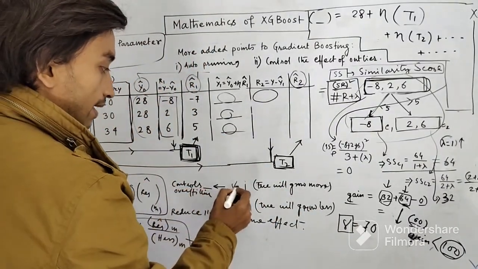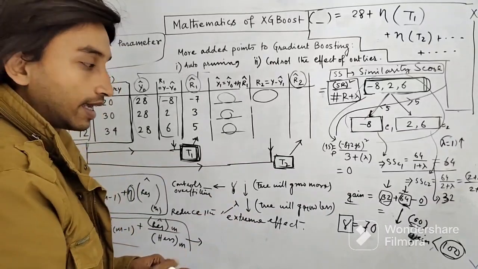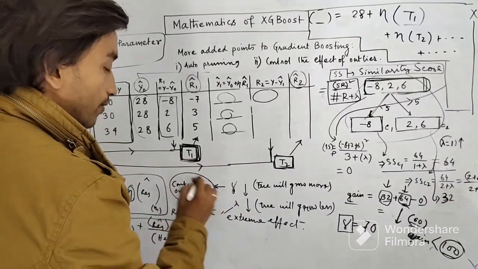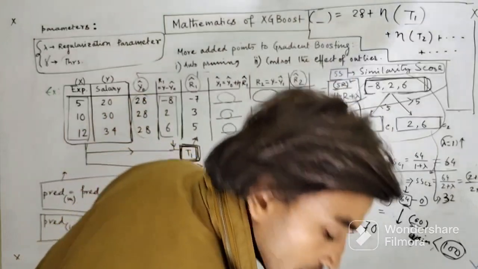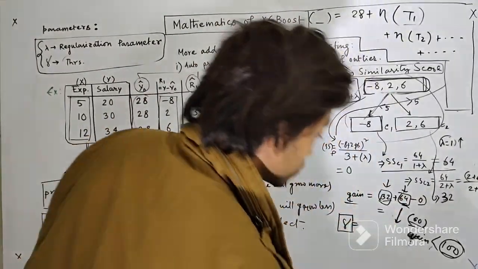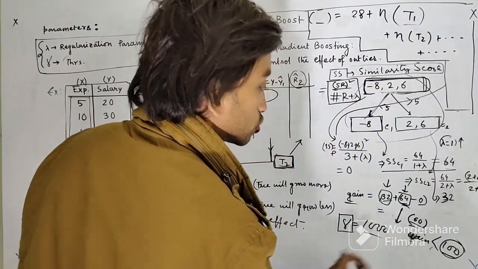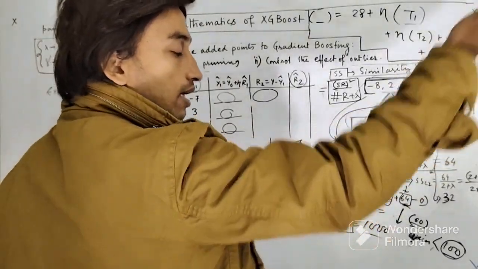Okay, and gamma is strictly used for controlling the overfitting. You have seen over there, if you use the cutoff and put a high cutoff over there, then what will happen, so many branches will be cut out.